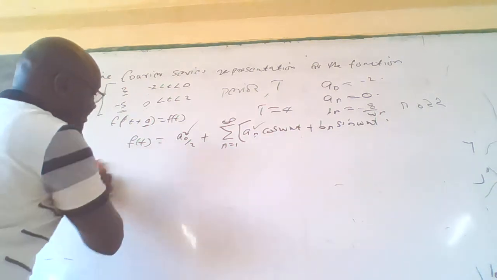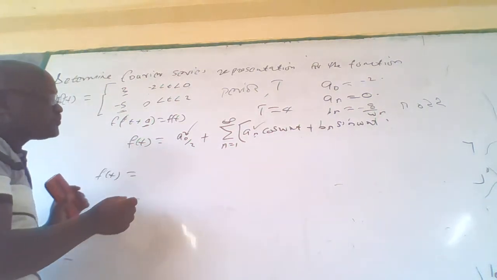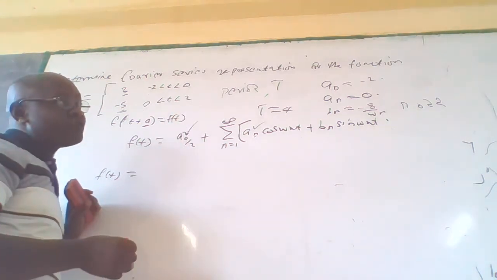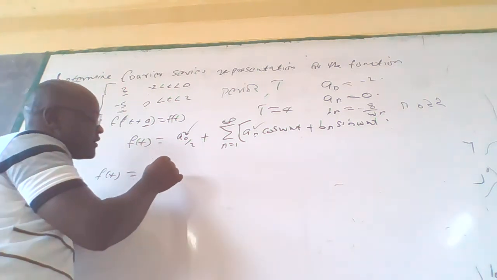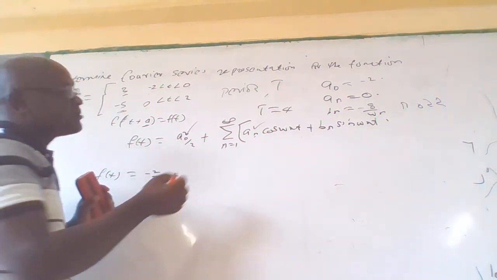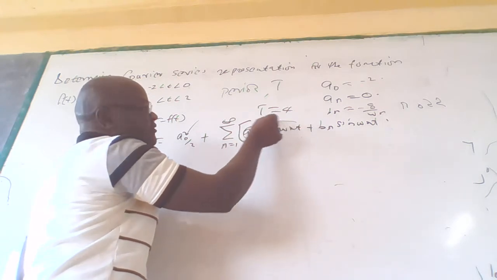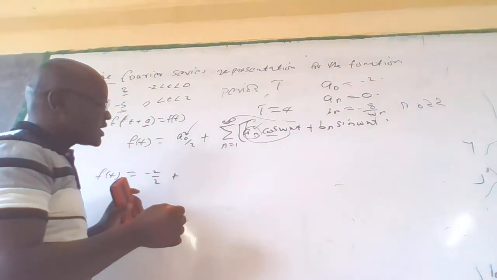Our f of t now equals, now the value of a0 was negative 2. So we shall have negative 2 over 2. Then plus, remember, this is 0. So 0 times this, so everything here is 0. So we remain with that one, which is negative 8.